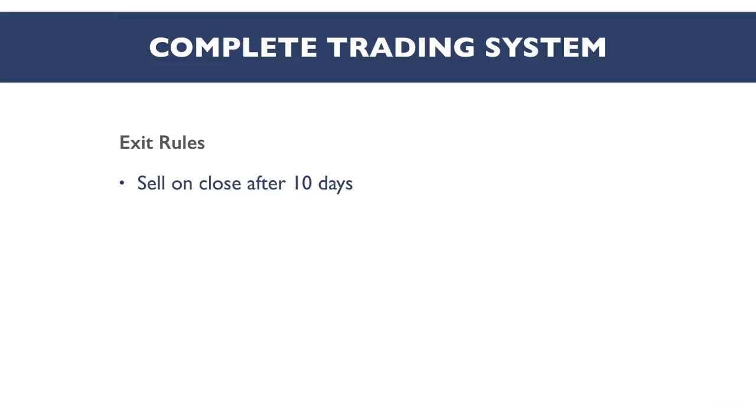After 10 days, the stock is sold and it drops off the portfolio, and then we look for a new buy signal. So whenever we see a stock with an inverted hammer or a tweezer bottom pattern, and that stock's 20-day moving average is sloping up, AmiBroker is going to buy that stock and add it to the portfolio, and 10 days later it will be sold and drop off the portfolio.